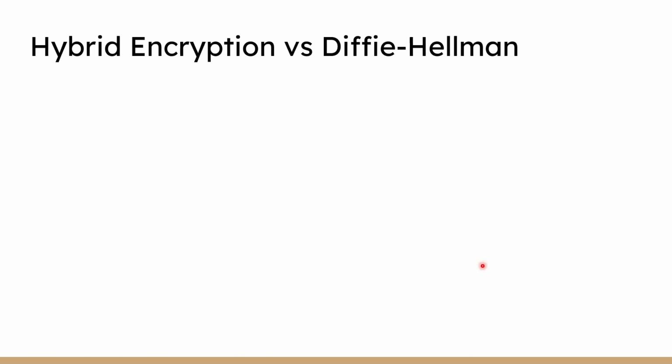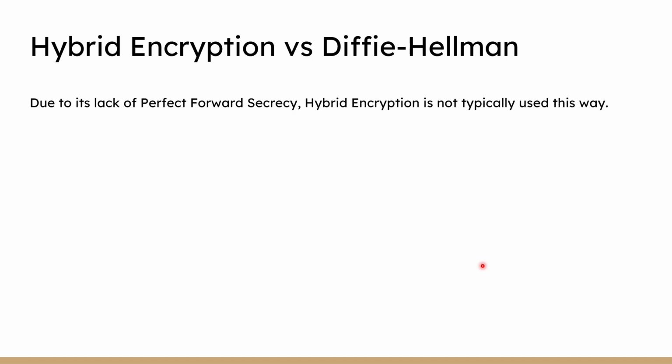So this is why we use Diffie-Hellman instead of hybrid encryption. Hybrid encryption might seem like a good idea, but it can lack perfect forward secrecy if you don't change your public and private key pair regularly.